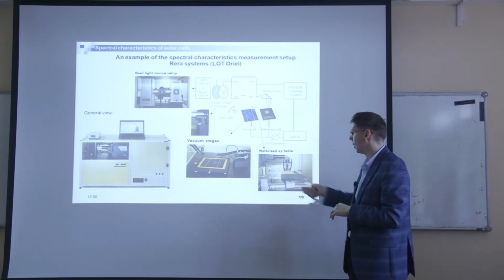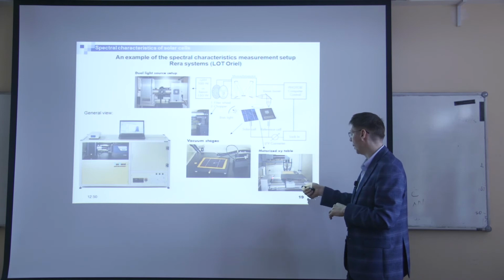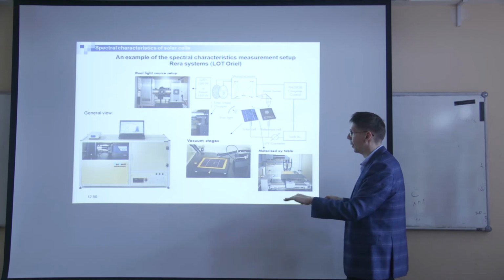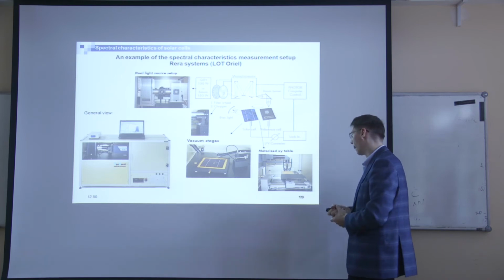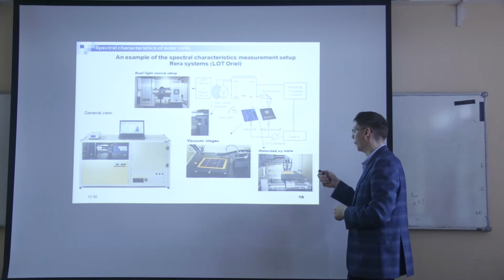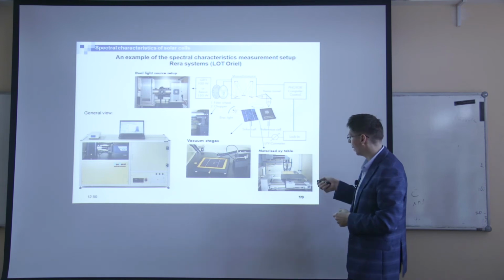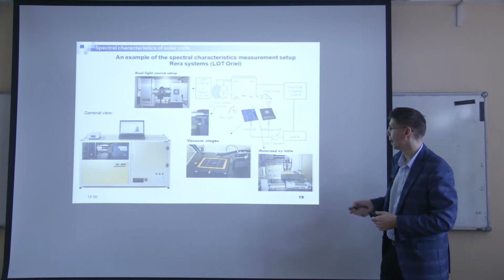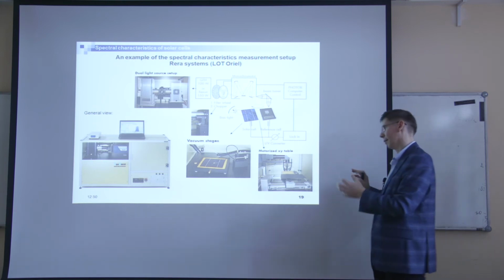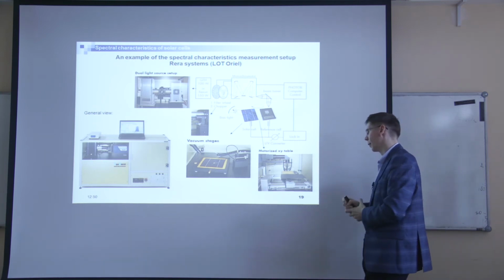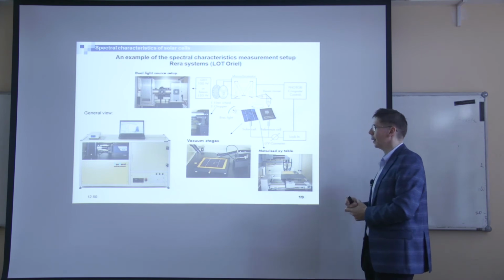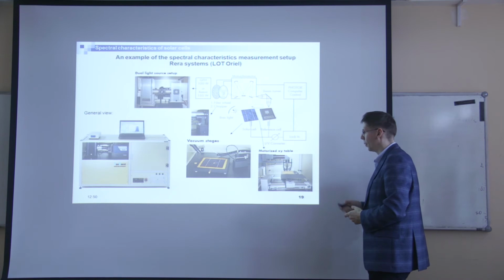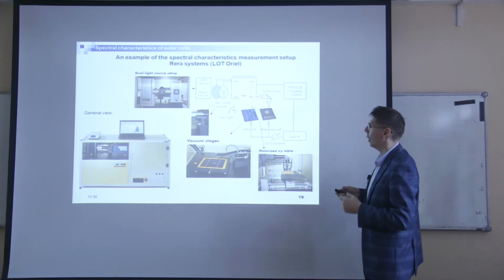This table is placed on a moving plate, and you can move from the measured cell to the reference detector. Here, maybe it's not really clear, but it's a different source of light. You can just put something here, near the measured cell.